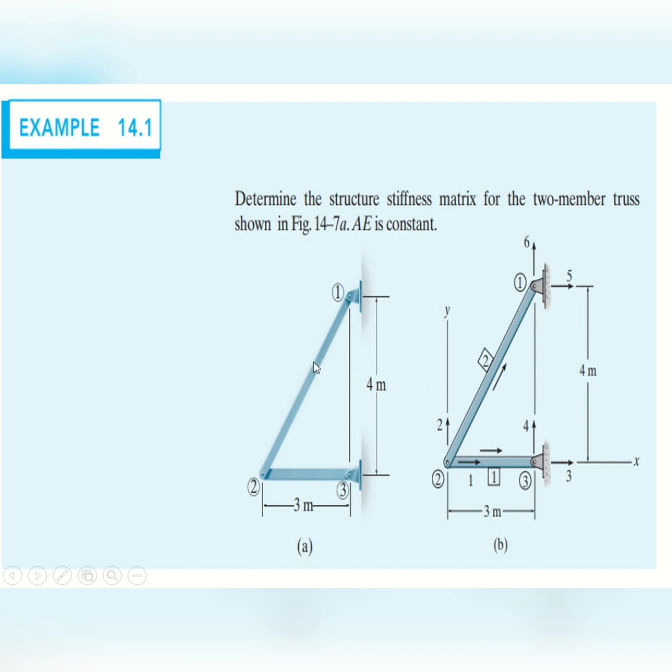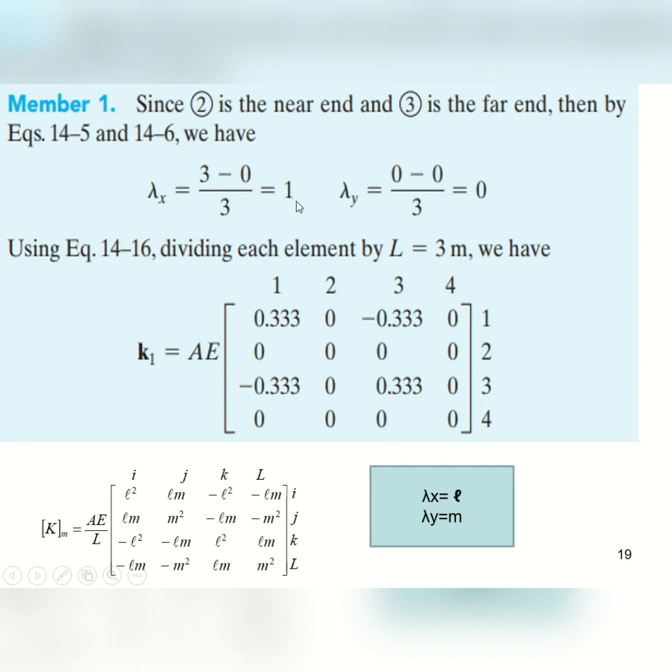If you need the inclined length, you can use the Pythagoras theorem: hypotenuse squared is equal to base squared plus perpendicular squared. This is member 1, so we are solving member 1 first.